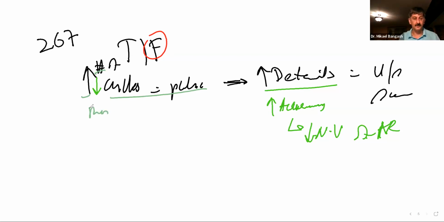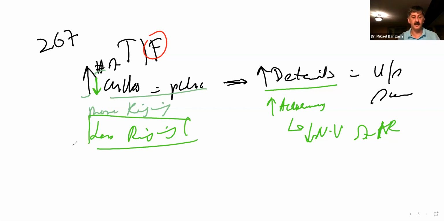That can be replaced by more ringing. Which means the fewer cycles per pulse will have less ringing. But they probably chose the phrase greater number of cycles per pulse because the people who wrote the text had in mind more ringing.